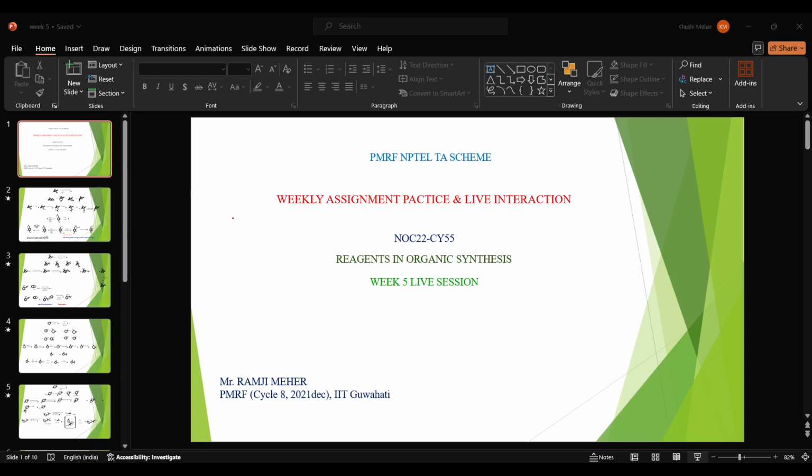This one is aliphatic, and it is less stable compared to aromatic Grignard reagents. That's why these are much more reactive.